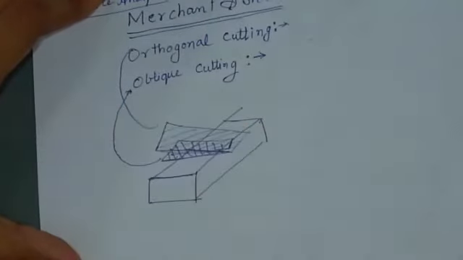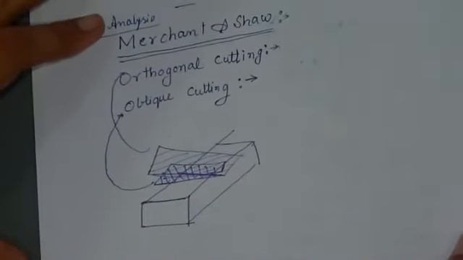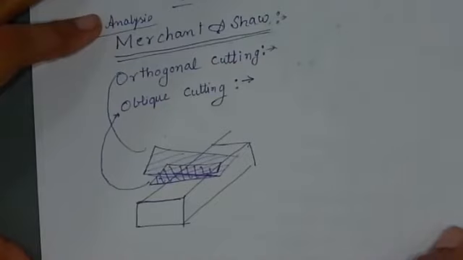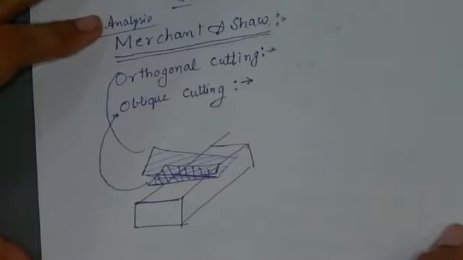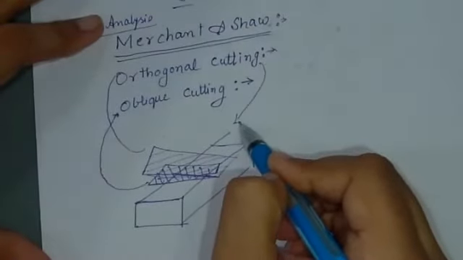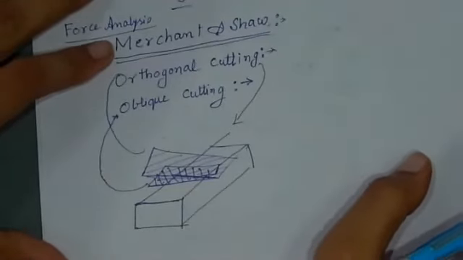So while analyzing the forces acting during the machining operation, we consider the machining operation to be taking place as an orthogonal cutting operation. It just simplifies the whole operation.